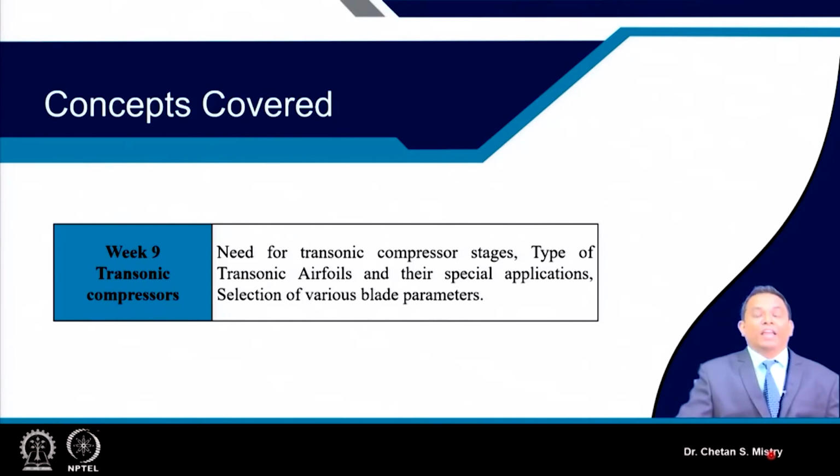So we must realize a future requirement for the axial flow compressor, that is per stage pressure ratio to be very high, and that is fulfilling our requirement for the future engines with compactness, lightweight and fuel efficiency.